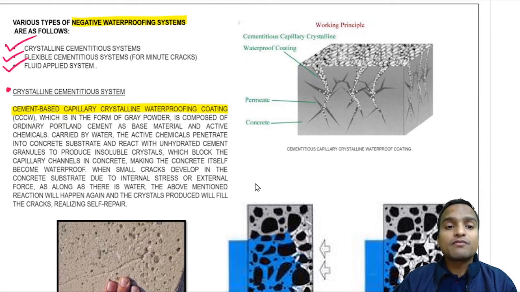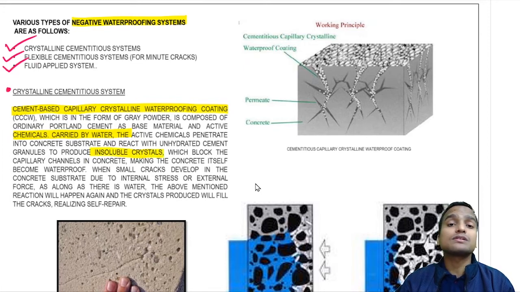It is a form of grey powder composed of ordinary Portland cement as base material and active chemicals, carried by water. The active chemicals penetrate into the concrete substrate and react with unhydrated cement granules to produce insoluble crystals.